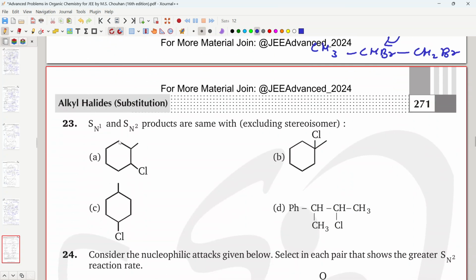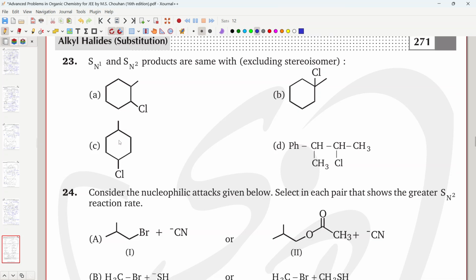Now for question 23. SN1 and SN2 products are the same, excluding stereoisomerism. So we need a substrate where SN1 and SN2 both substitute the same carbon.